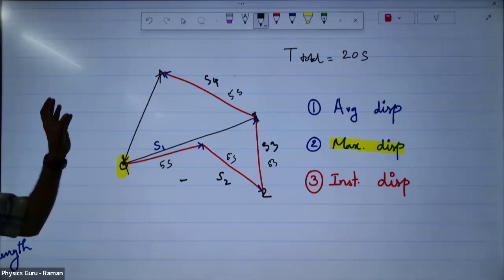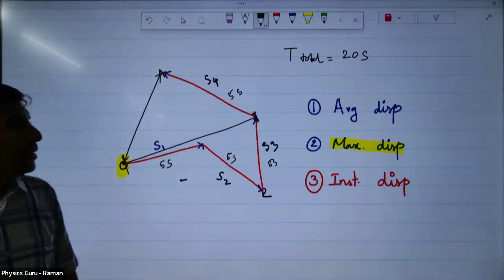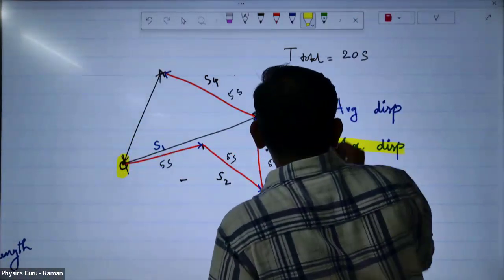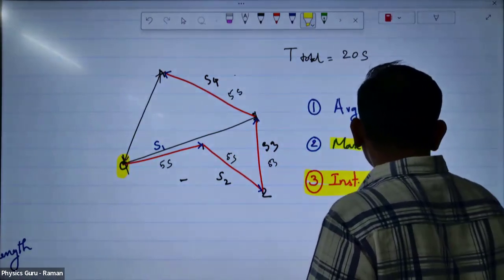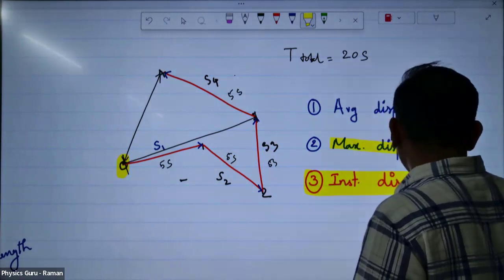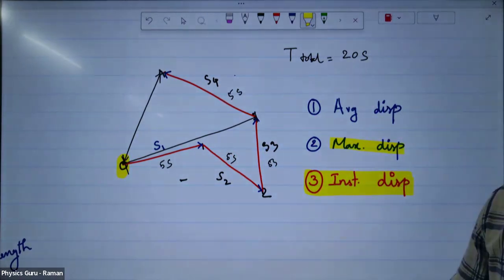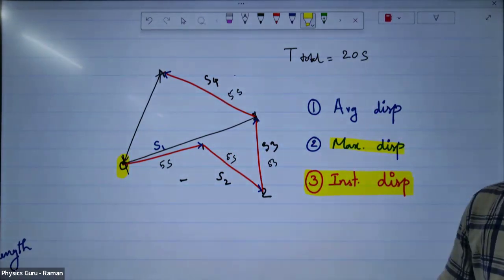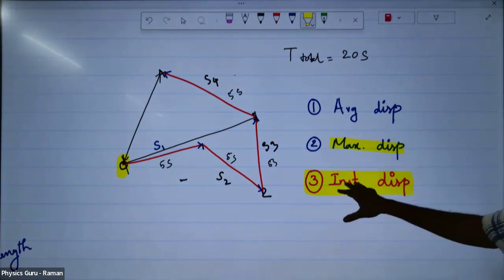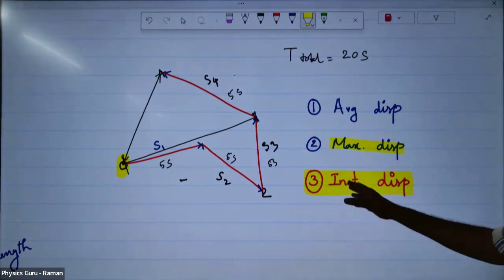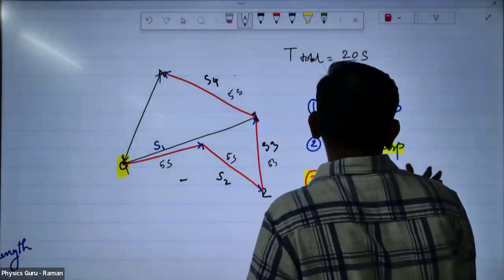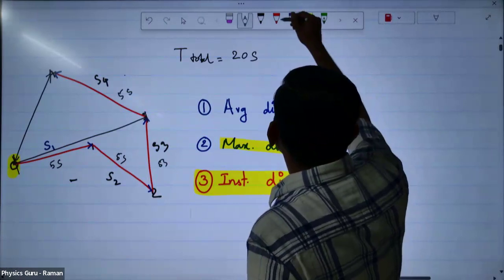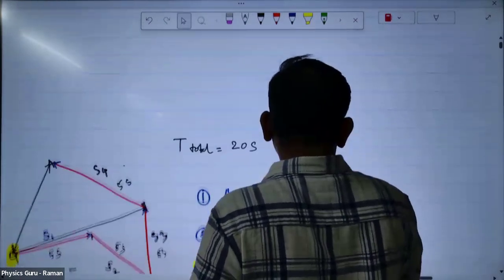So in this entire process, we learned something about the concept of instantaneous displacement, and I am going to elaborate on it in the next session. What is the meaning of instantaneous displacement? How are we going to find it out? Not only displacement, you can also consider velocity.